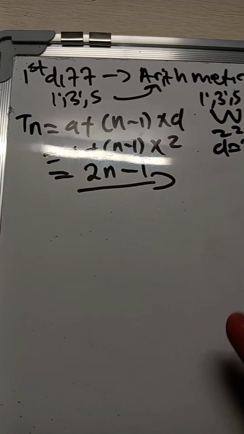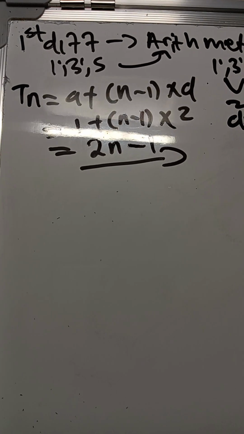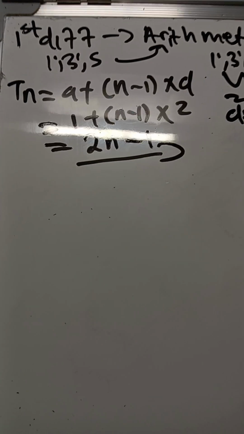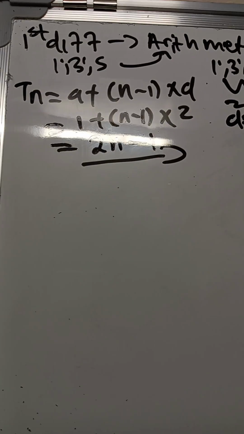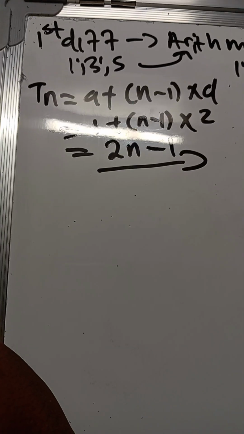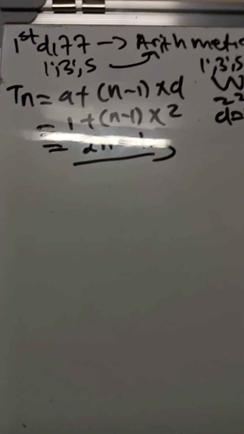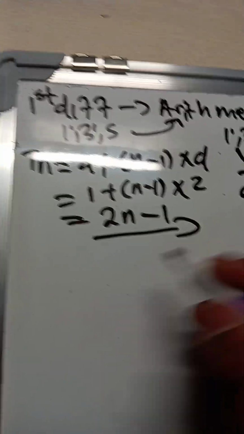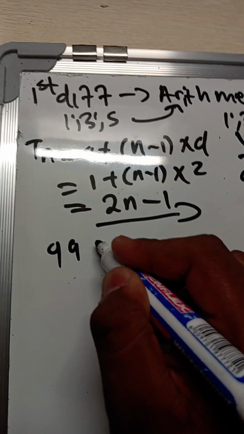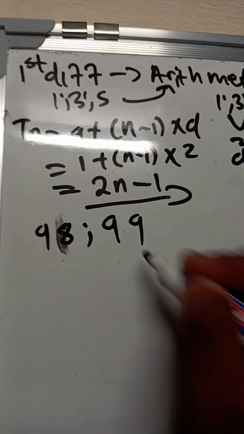But check something. T99 of the quadratic pattern is 9,632, right? They want us to calculate the value of T98. So it is something like this: 98, 99, right?